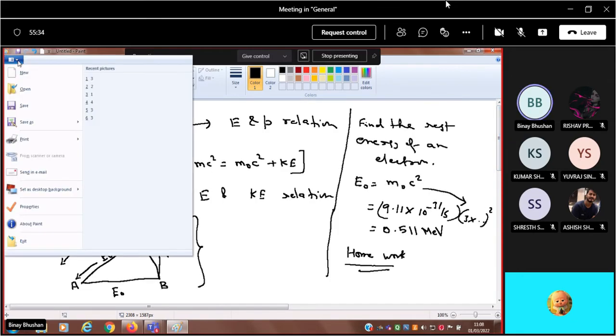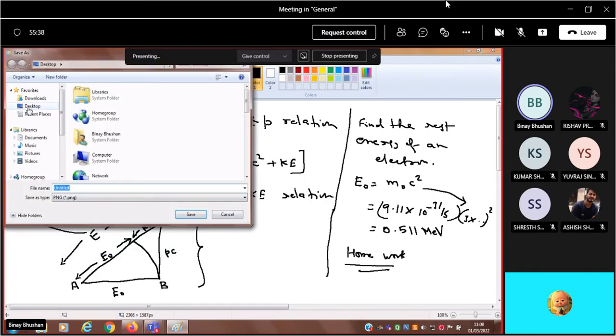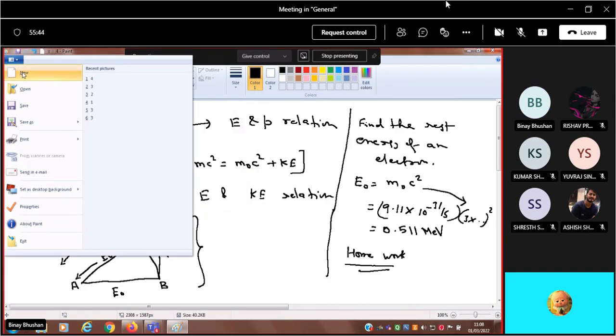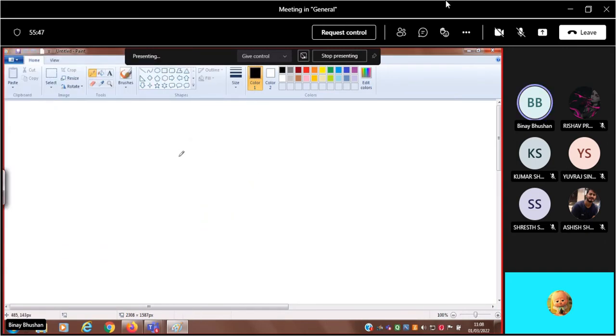So one last topic that I can explain here is, and that has also been asked in examination, that is relativity of simultaneity. Relativity of simultaneity.